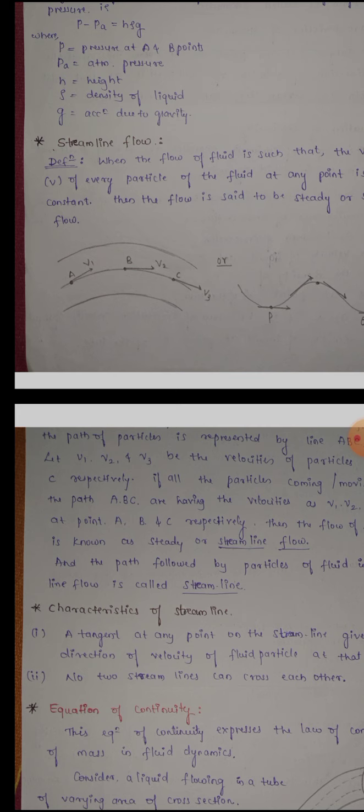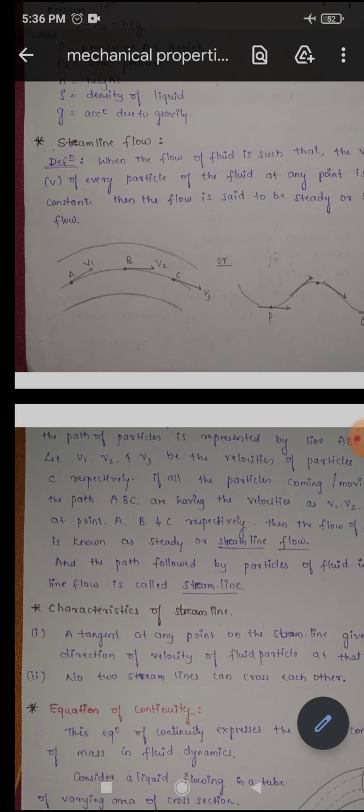That is not only for these three places. If at any point of that tube the particles crossing that point have a constant velocity, then that flow is known as streamline flow.